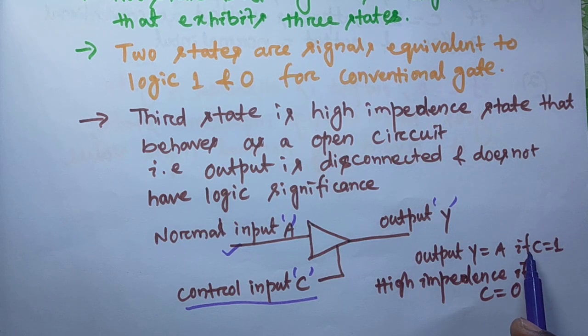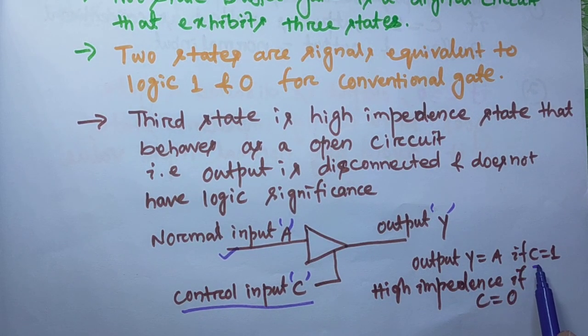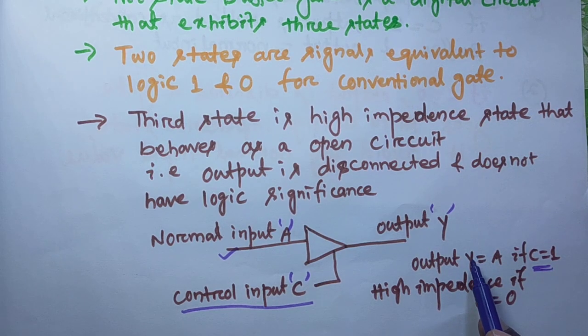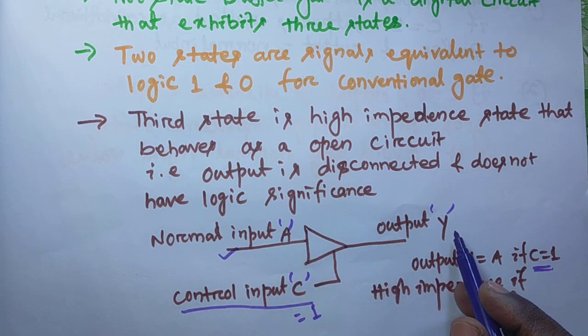You see here, C is 1. Whenever C is 1, output Y is equal to A, meaning the A input is assigned to Y. So when C is equal to 1, the normal input passes through the circuit and we get the output.